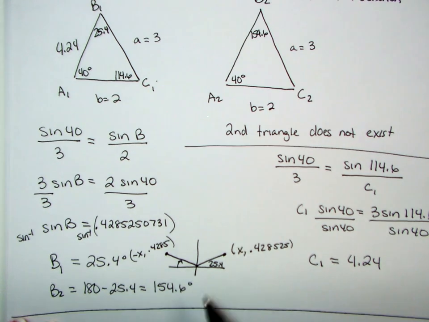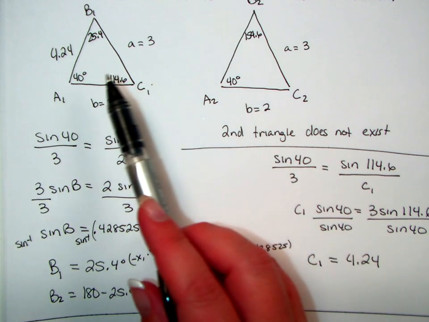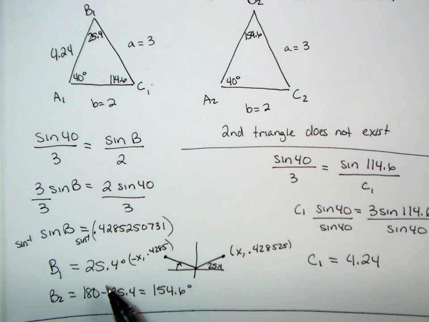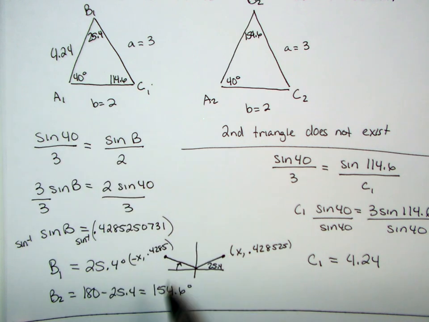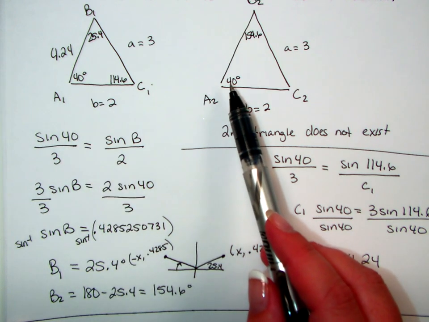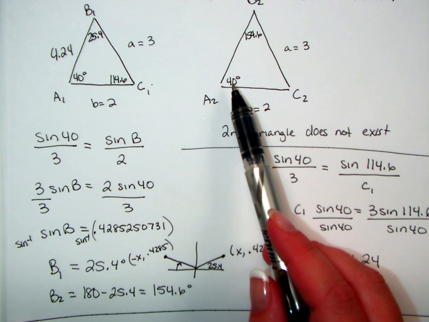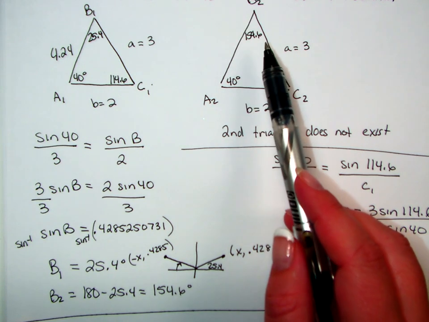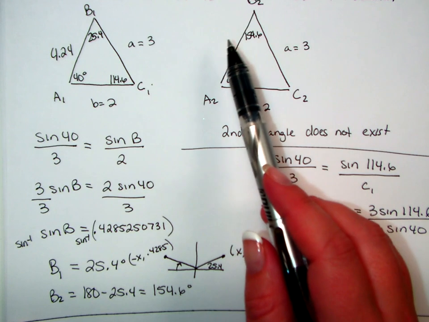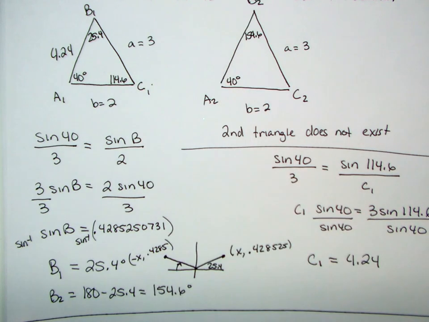But when we put them into our triangles, 25.4 works well with our given of 40, but 154 doesn't work well with our given of angle 40 for angle A. So these are greater than 180 already. So this triangle doesn't exist, right? So therefore we only have one solution.